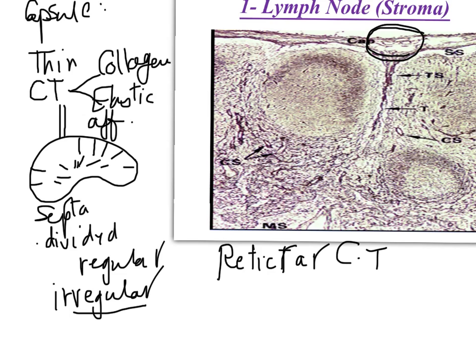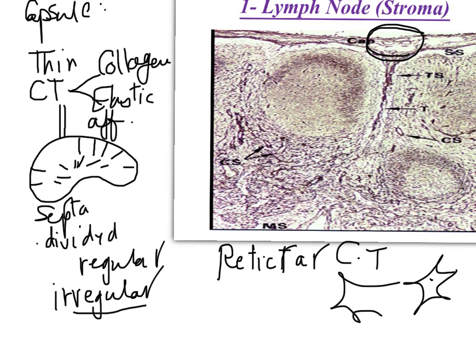Finally, we have to know very few things about the reticular connective tissue, which is present here in the background of the lymph node. It is formed of reticular cells, which are branched cells, and reticular fibers.